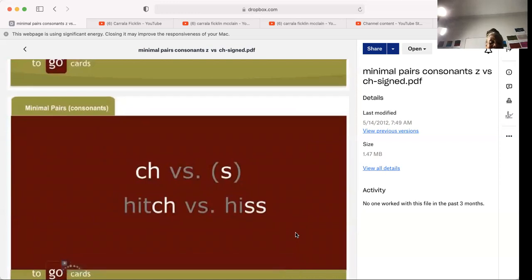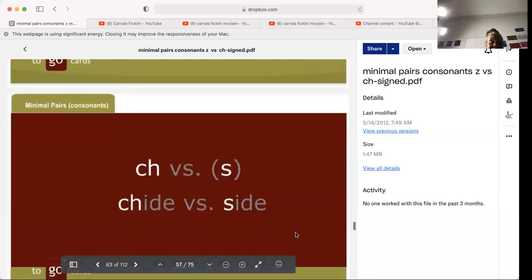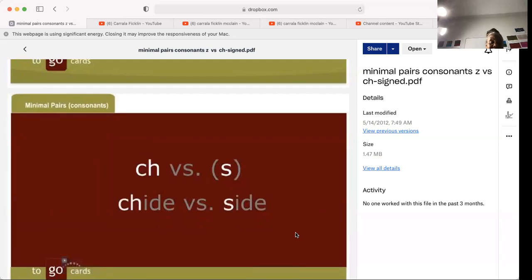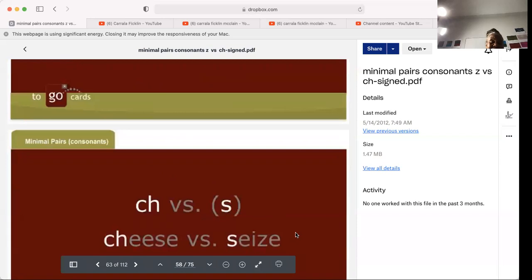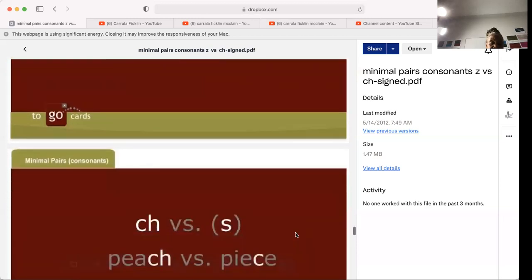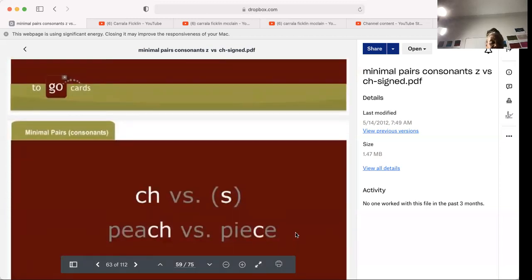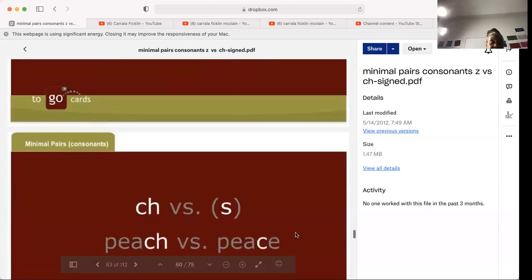Hitch, hiss. Chide, side. Cheese, sees. Peach, peace. Peach, peace.